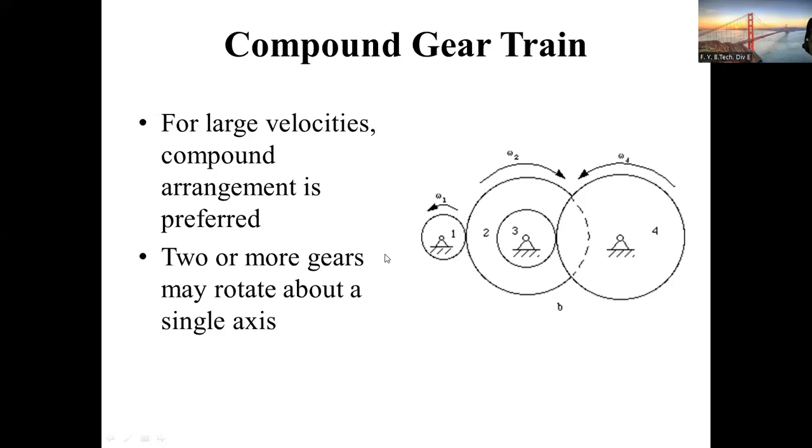Just note down one line in case of compound: it is used for obtaining large speed reduction ratio. Full stop.